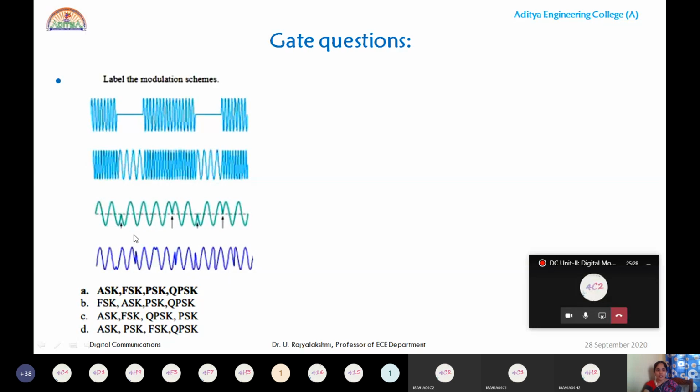Okay, very good. And why the fourth one is for QPSK? In QPSK, it is a sum of the output due to the I channel and the output due to the Q channel. That's why the phase is not equal to either sinusoidal or cosine; here you have some different phase shift.